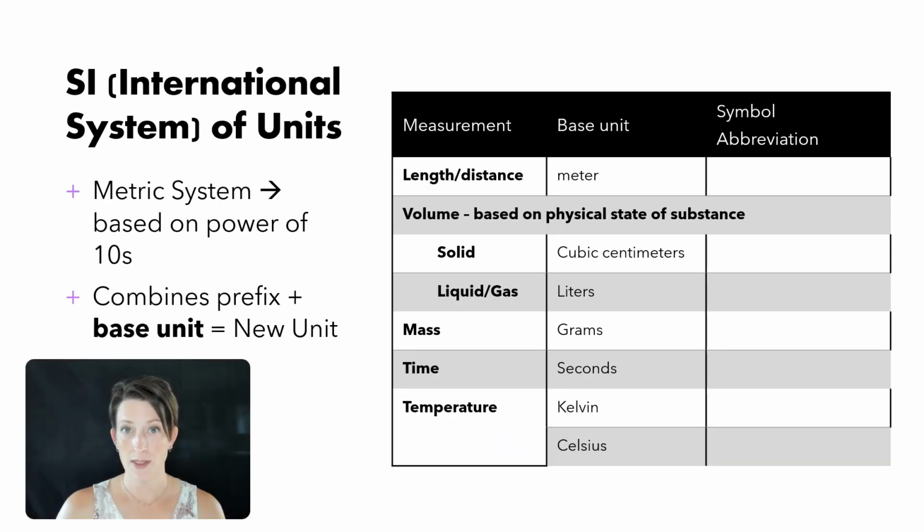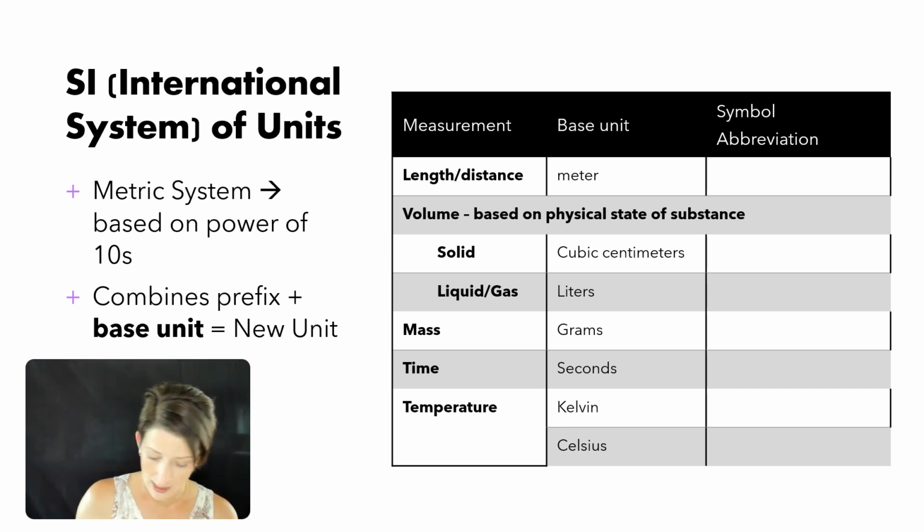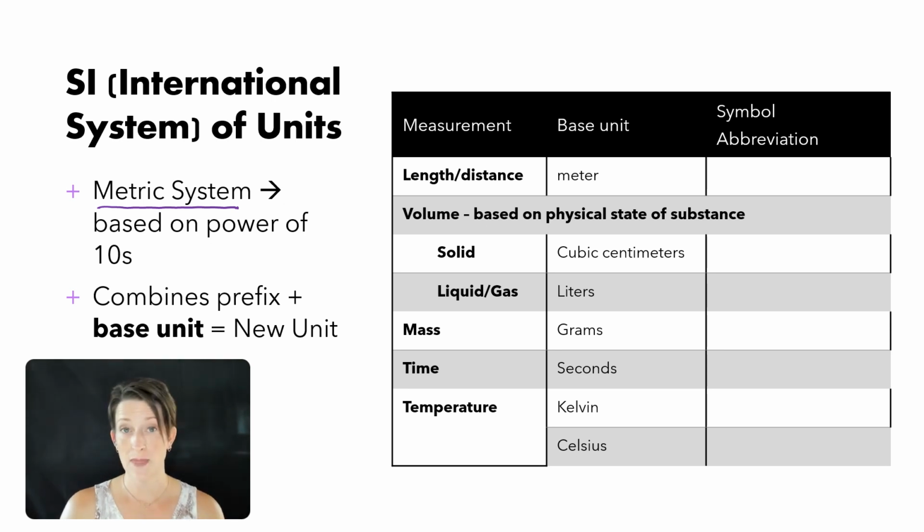There are a set of units that we'll use consistently. There is the international set of units called the SI system or the international system. This is the metric system. It is the system that is used throughout the world consistently. It is based off the power of 10, so 10, 100, 1,000, 10,000, so on and so forth. When we are talking English units, that is miles, feet, inches.